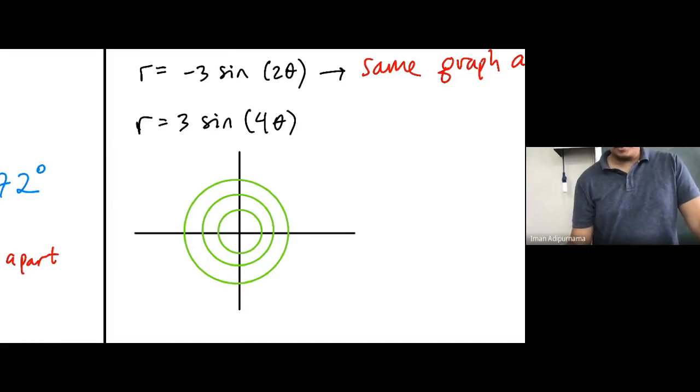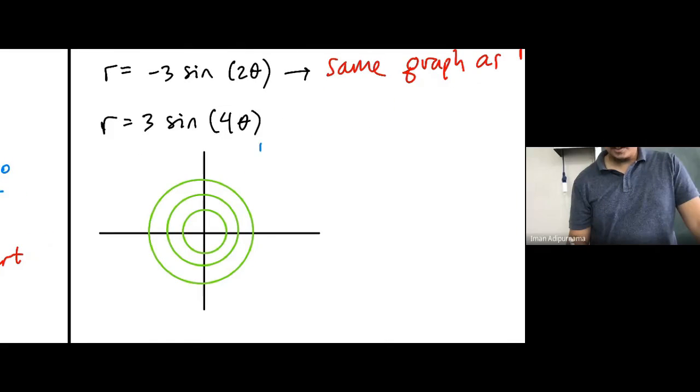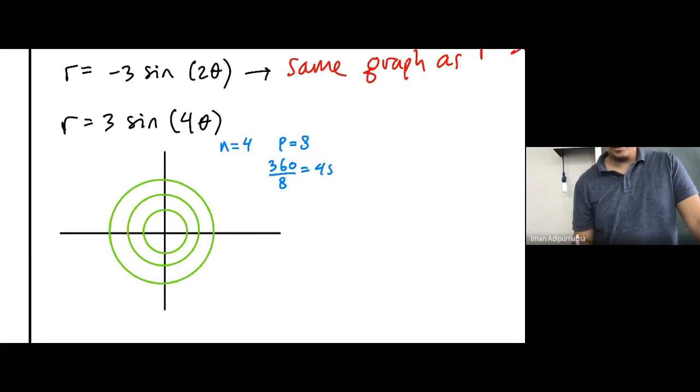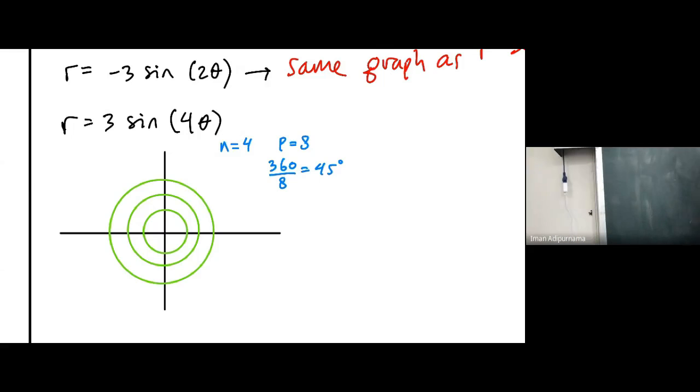Okay. Now I'm writing the n equal 4. So the petals should be 8, and the angle difference should be 45. Okay. So remember the first pattern we have, the first petal is 45, right? Now it's twice.